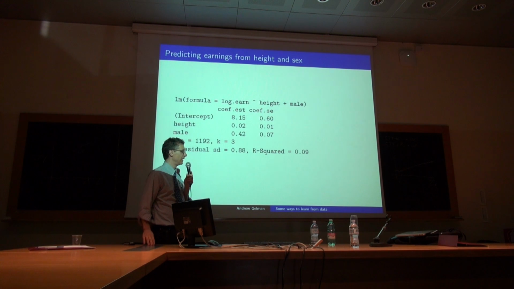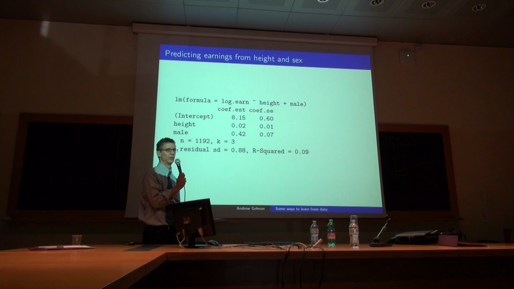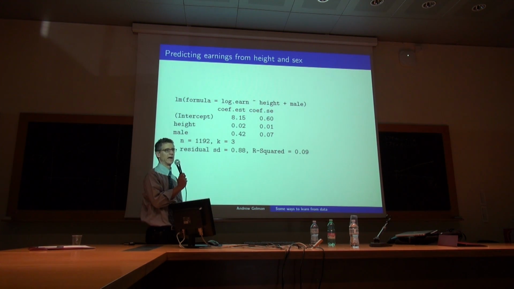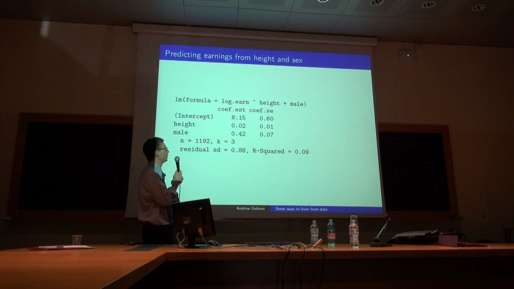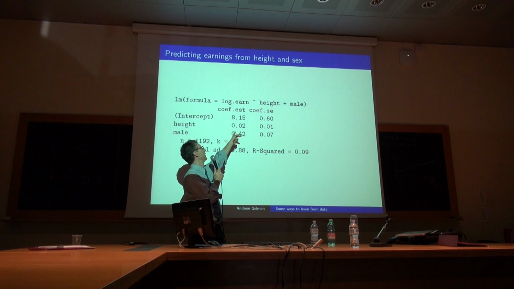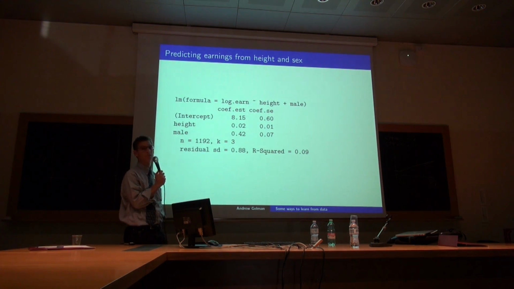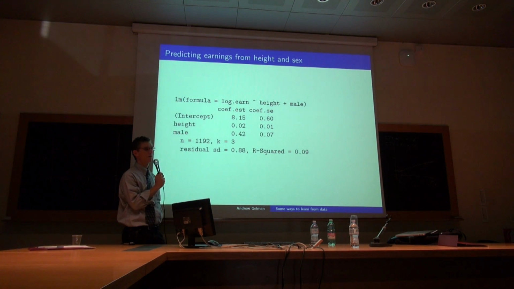So women's income is multiplied by e to the 0.42, which is sort of like 1.42. It's a little more than that. So men make something more than 40% more than women if you're comparing two people of the same height. And then for every inch, it only corresponds to a 2% increase among men or among women. I actually find this coefficient for male sort of hard to interpret.